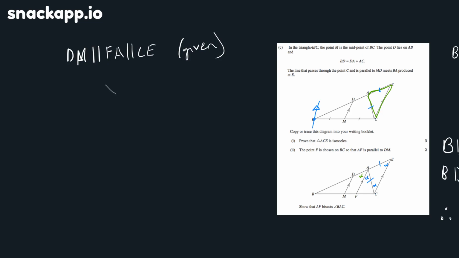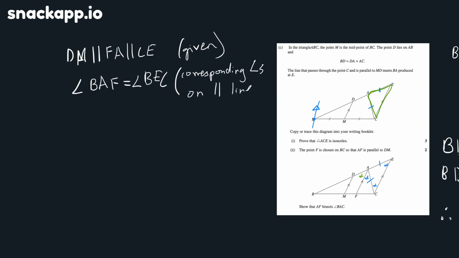Let's write that out, because how you set it out is important in these sort of questions. Let's start off by saying that angle BAF is equal to angle BEC, and the reason for that is corresponding angles on parallel lines are equal. Apologies for the handwriting.